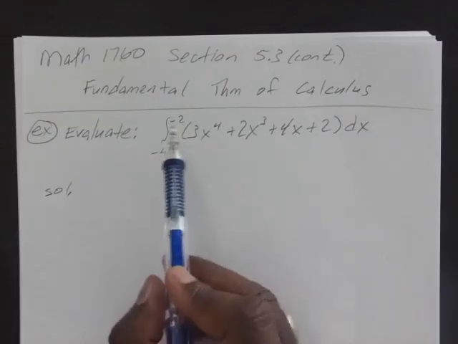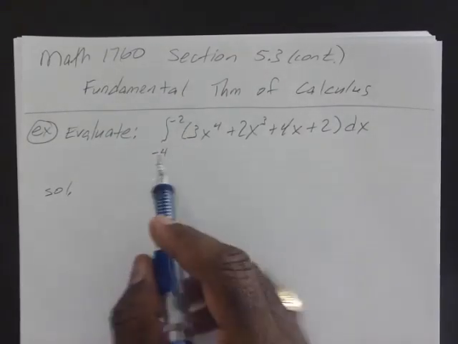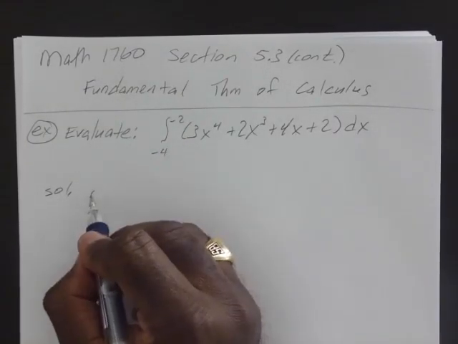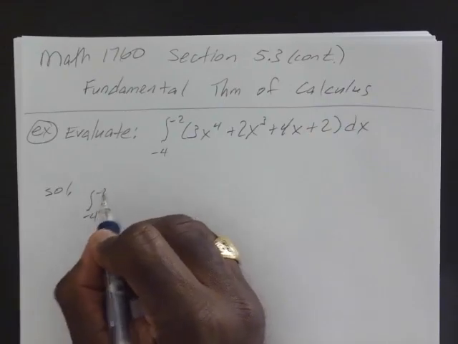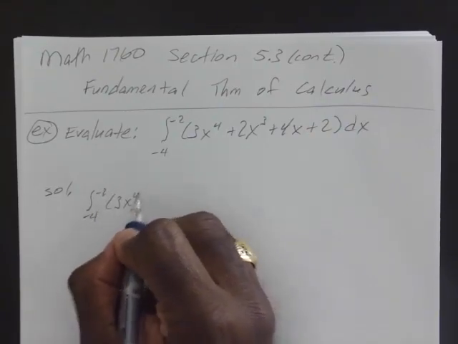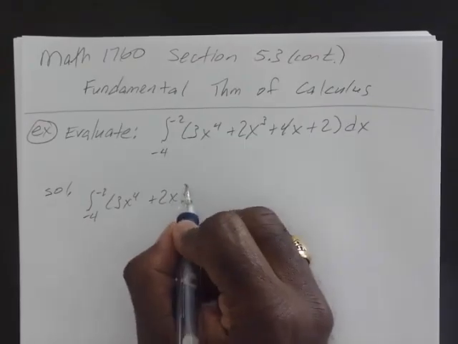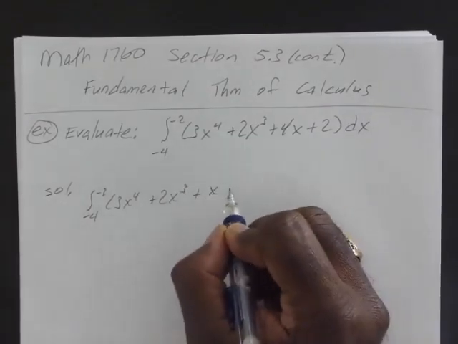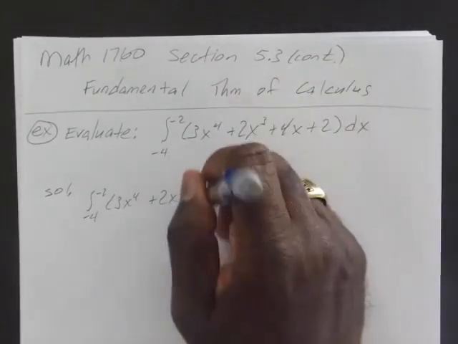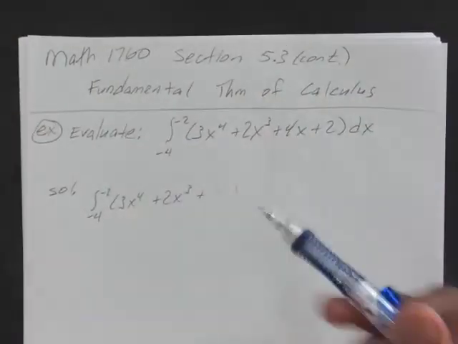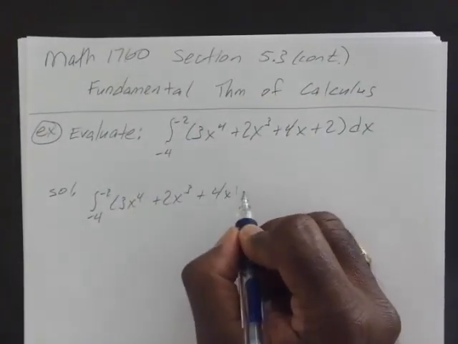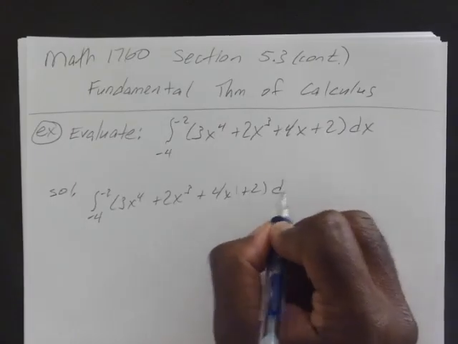Okay, so I'll just go ahead and rewrite it so I won't write on the original one. So from -4 to -2, 3x to the fourth plus 2x to the third plus 4x plus 2 with respect to x.